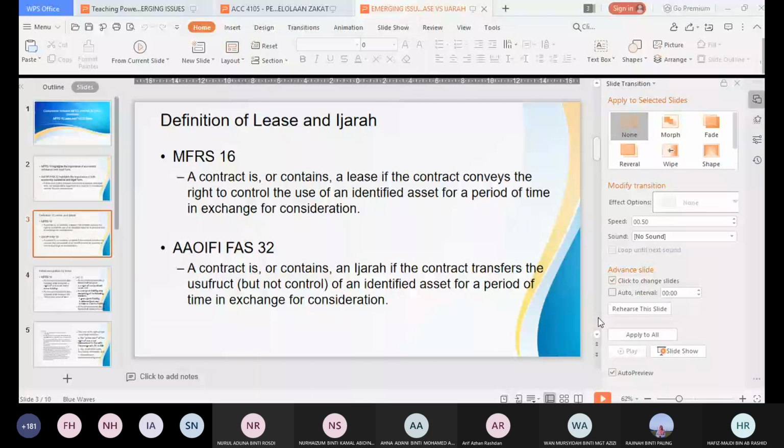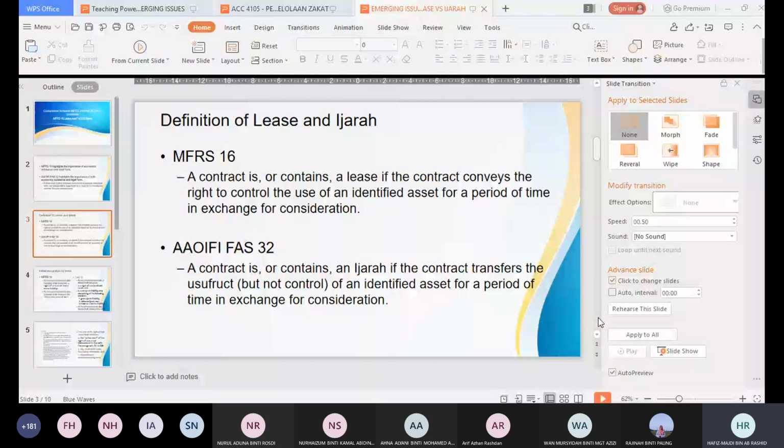I just basically highlighted a few issues based on MFRS 16 and FAST 32. If you look into the definition, not much different, but something I want to highlight is that FAST 32 IFE focus is on renting.